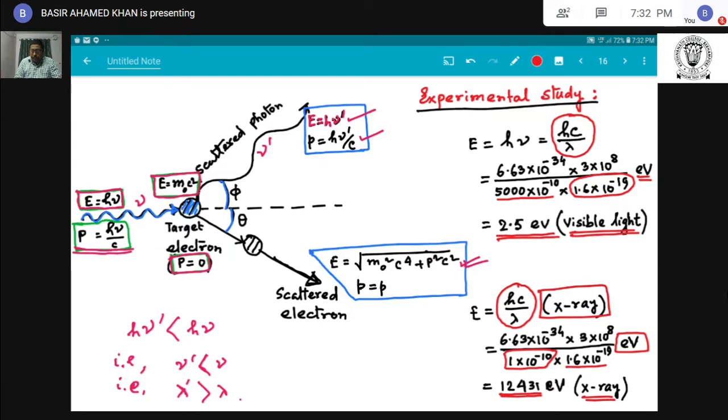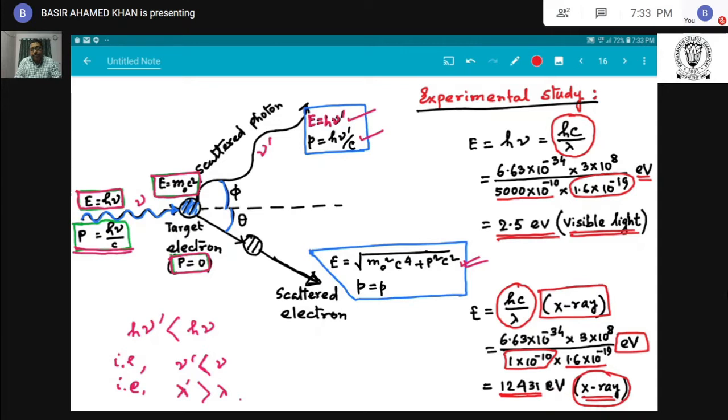And for X-ray photon the energy is of the order of 10 to the power 5 electron volt, almost mega electron volt. That means of the order of almost mega electron volt. And for visible light, this is only electron volt order.